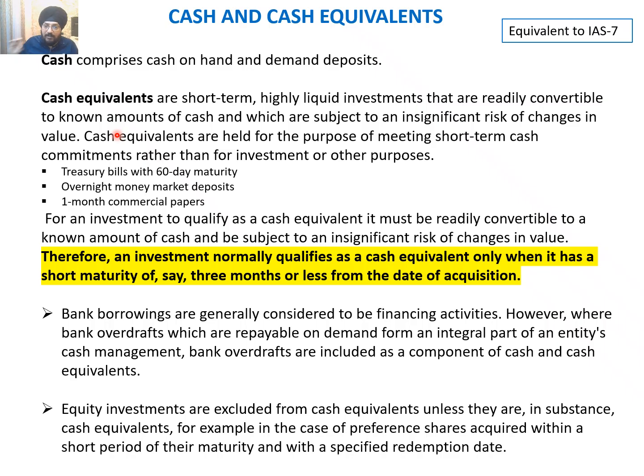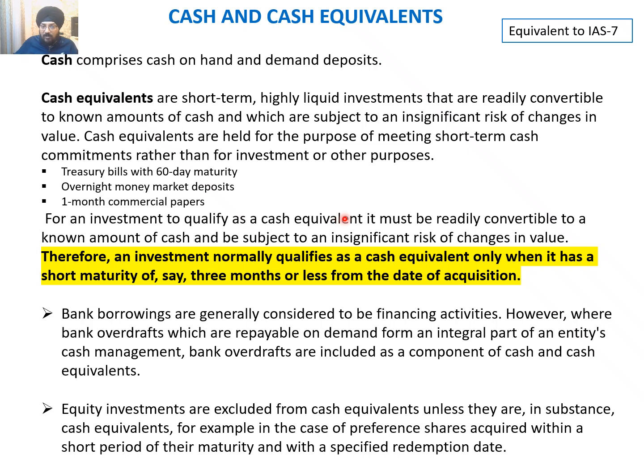So let's quickly do a deep dive and see what the cash equivalents are. Cash equivalents are held for the purpose of meeting short-term cash commitments rather than for investment or other purposes. So a treasury bill with 60 days maturity, an overnight money market deposit, 1 month commercial papers, which are known, that this is the amount which you are going to get after a particular period of time, low maturity period, and can easily be encashed.